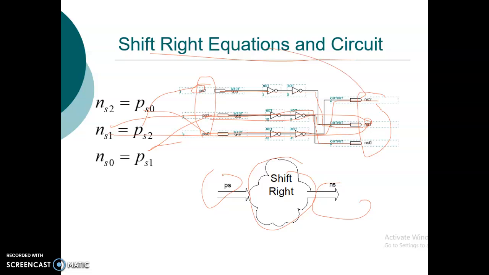This is the shift to right. This one is shifting to here, PS1 where NS0 output, PS0 output is NS2.